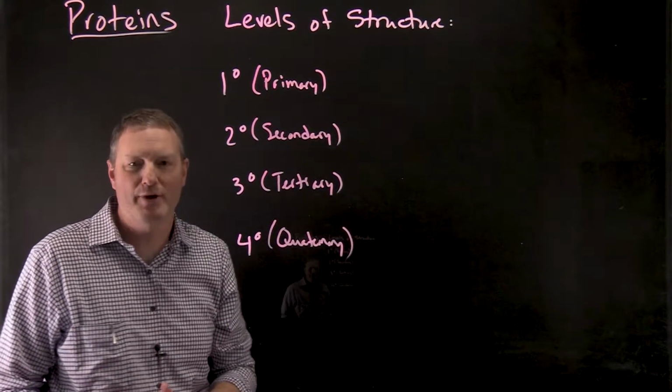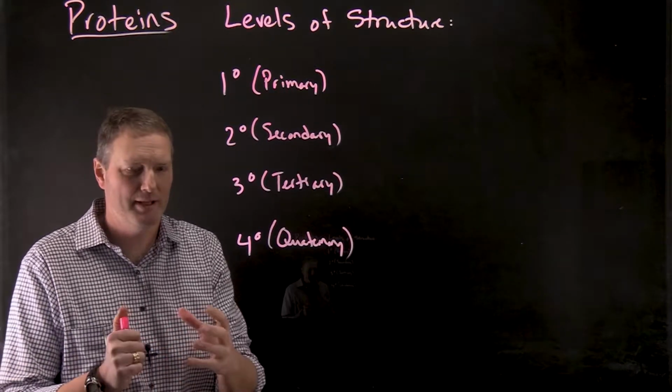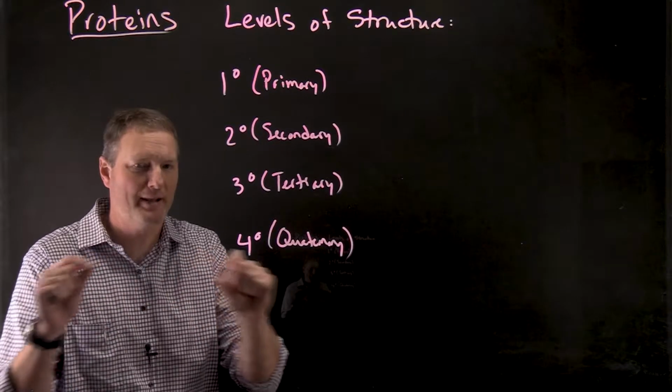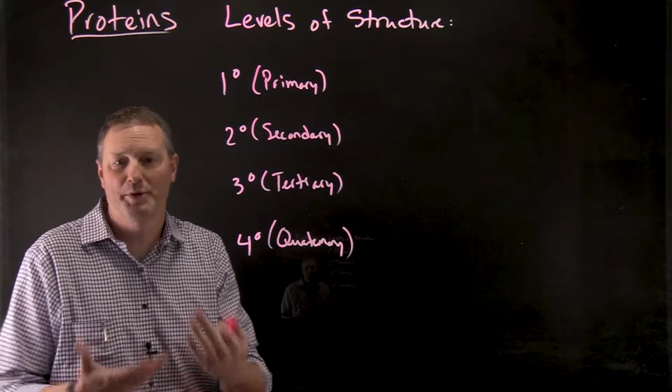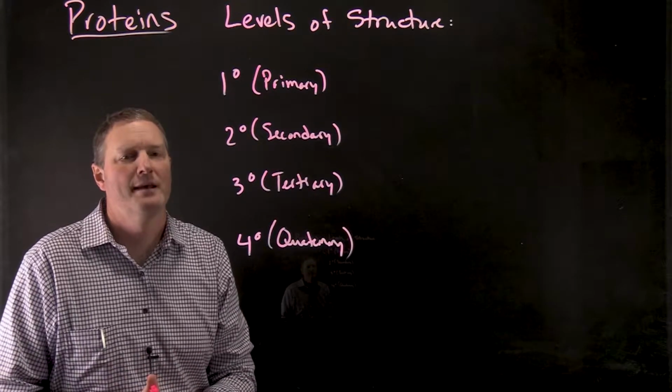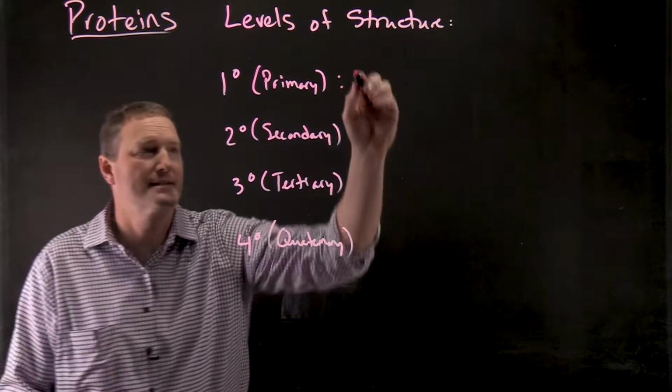So what these basically describe is a progressive amount of structure that can be thought of when you start talking about polypeptides and how they end up folding when you put them into an aqueous environment. So first off, primary structure is just the linear sequence of amino acids.